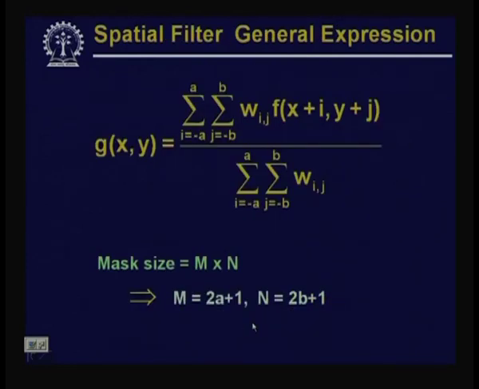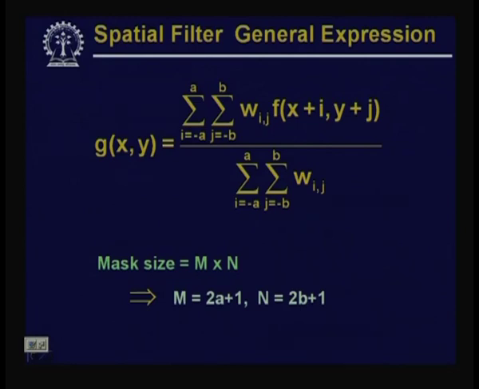So, this gives the general expression: when we consider w(i, j), we have to have a normalization factor, that is, this summation has to be divided by the sum of the coefficients. As we said, the 3 by 3 neighborhood is only a special case. I can have neighborhoods of other sizes.